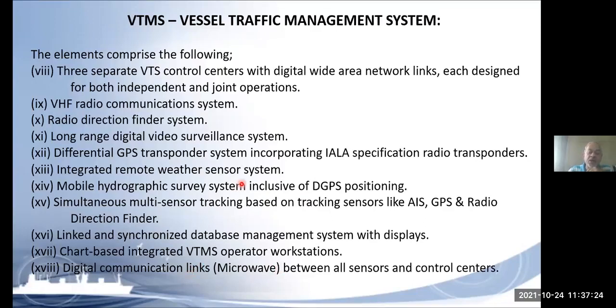So for the entire port, I will give you one small example. Suppose wherever you are staying, all the cars are monitored on a screen. You keep one scanner and your CCTV is recording everything, whoever is coming and what his activity is. In the same way, this VTMS is actually CCTV over a large area. Of course a different system is used for recording, but it is on the screen.